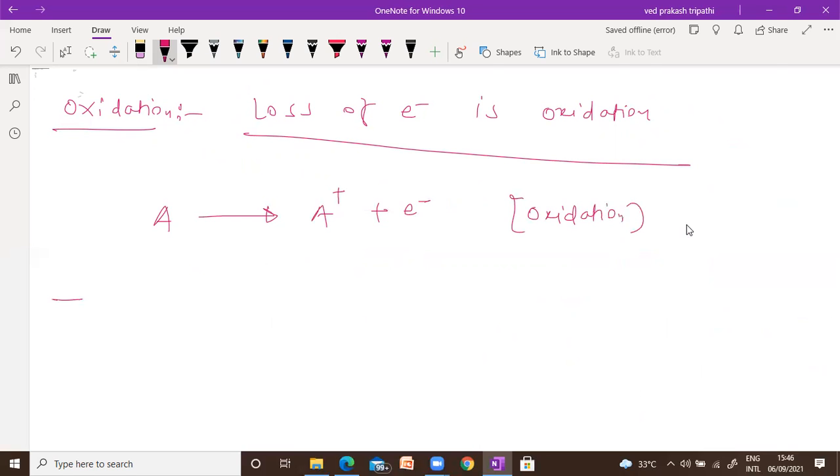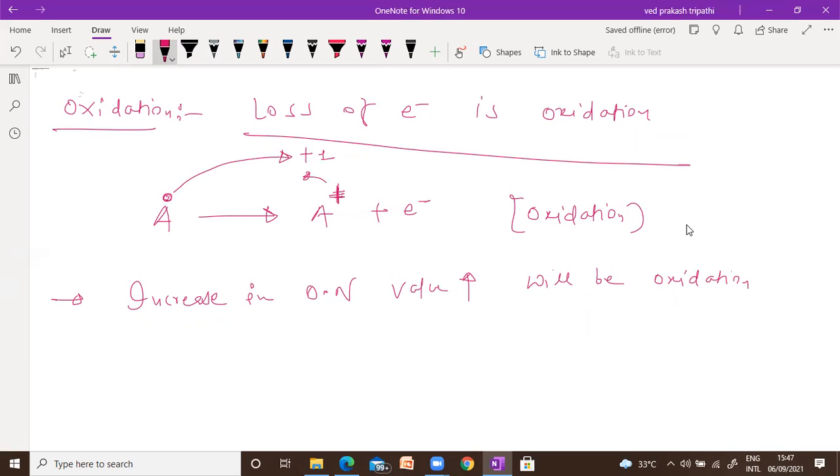Or there is another definition, increase in oxidation number value will be oxidation. So you can see here A has 0 because it is present in elemental form, and this is +1 charge, so we can say this oxidation number is +1. So it's increasing from 0 to +1, which means an increase in oxidation number, so that's why this is oxidation.